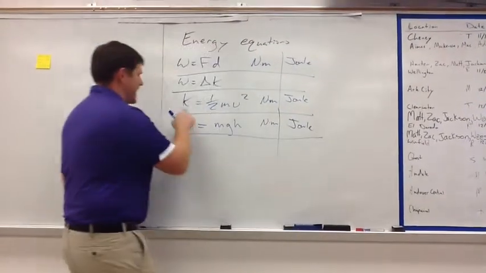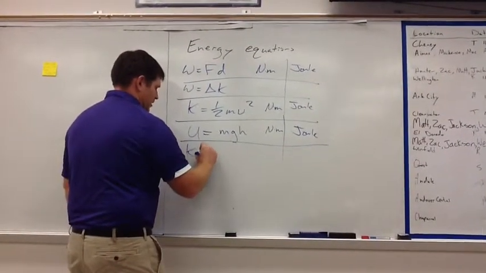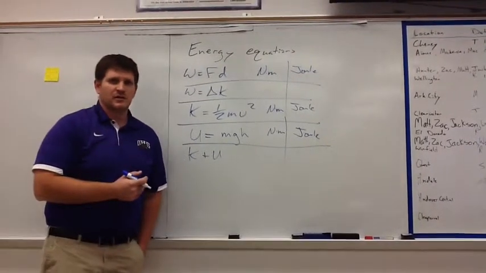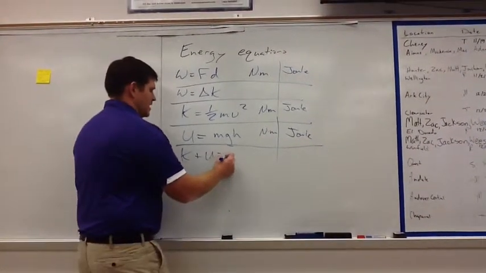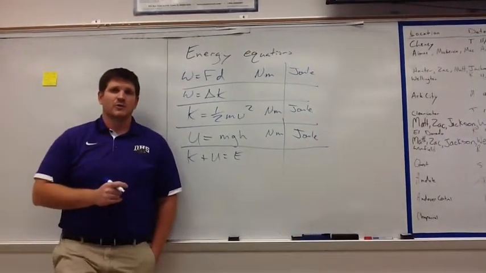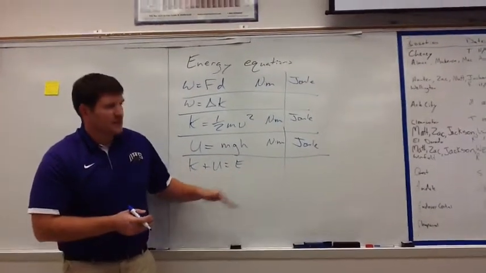Now, if I take these guys together, kinetic energy plus the potential to do something, I end up with what's called mechanical energy. We just refer to it as E. Now I actually can do something.